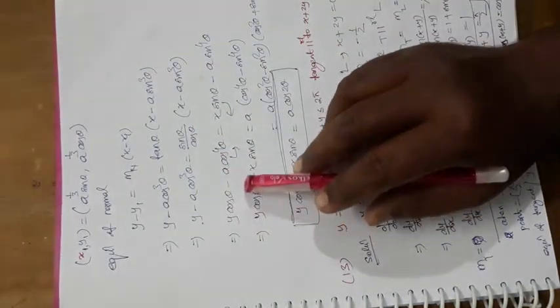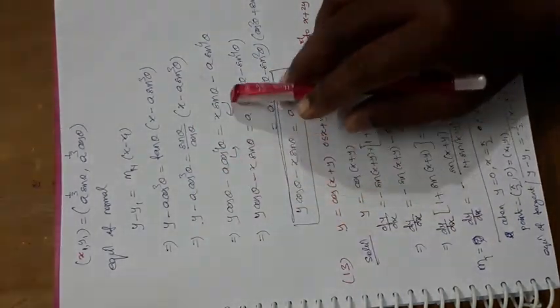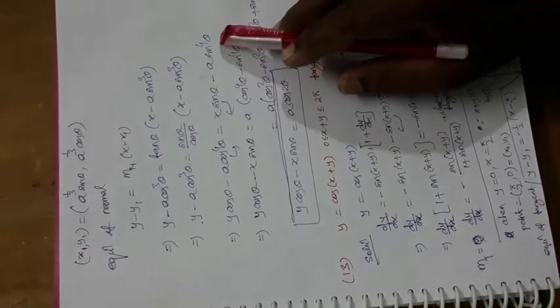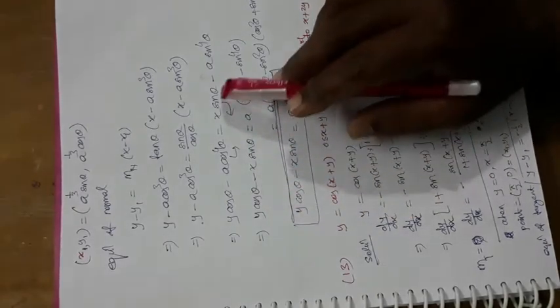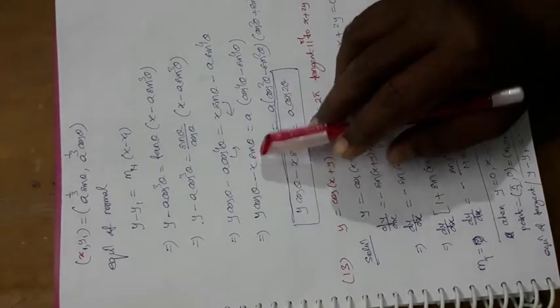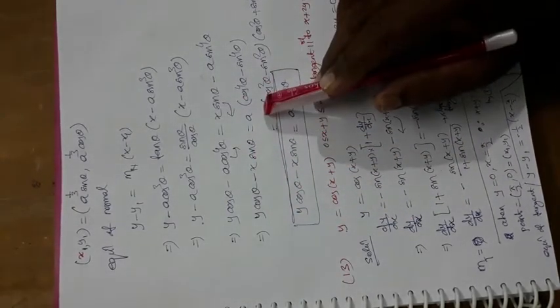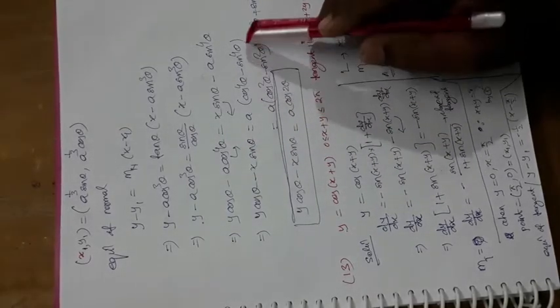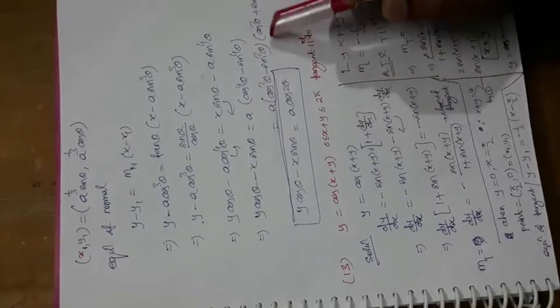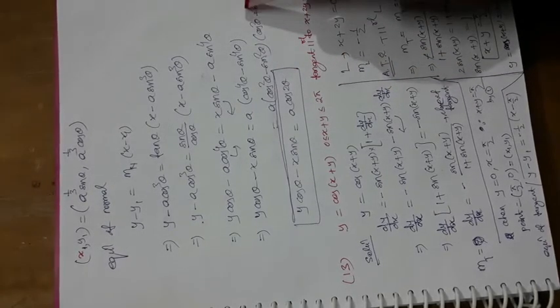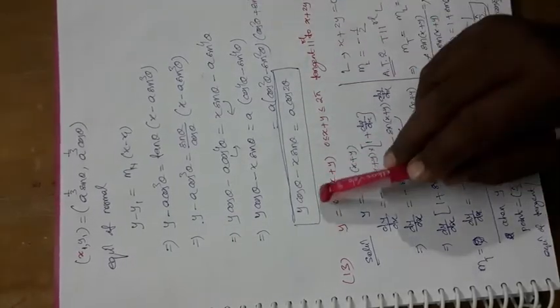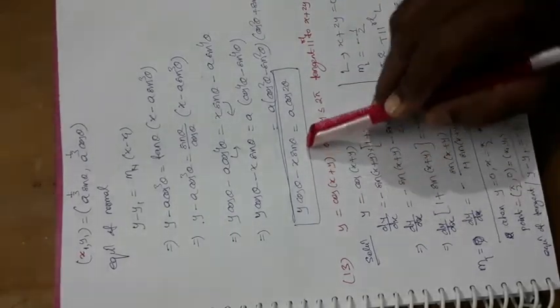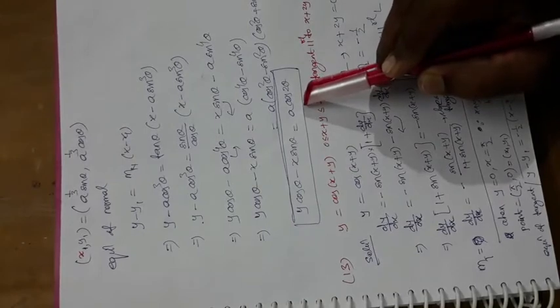It becomes y cos theta minus a cos 4 theta is equal to x sin theta minus a sin 4 theta. Write y cos theta minus x sin theta is equal to a times cos 4 theta minus sin 4 theta. It is a fourth minus b fourth, which is a square minus b square into a square plus b square, and cos square theta plus sin square theta is equal to 1. Then it becomes y cos theta minus x sin theta is equal to a cos 2 theta.